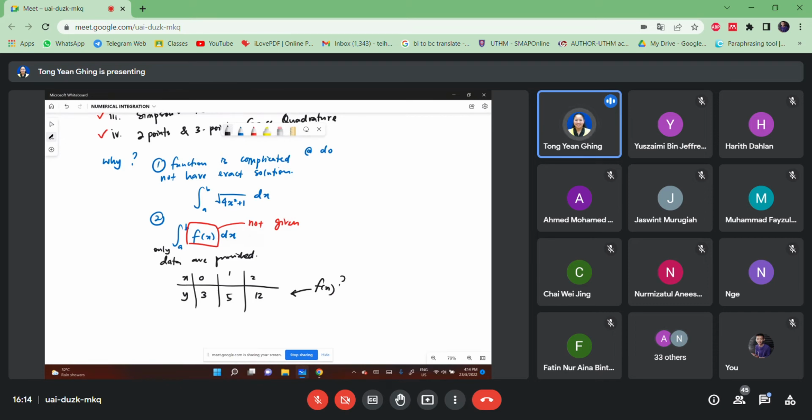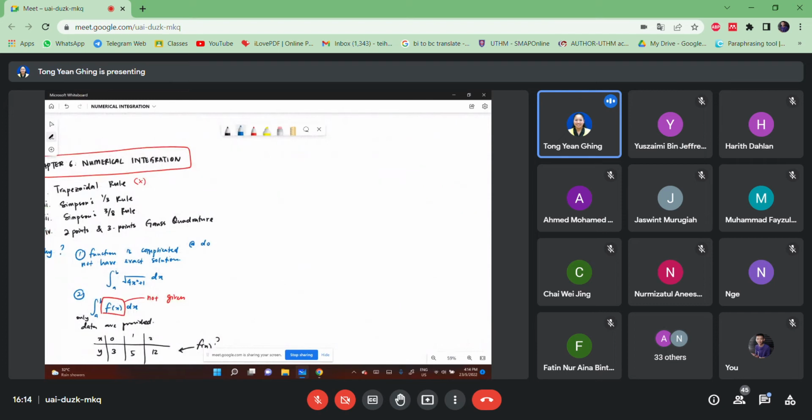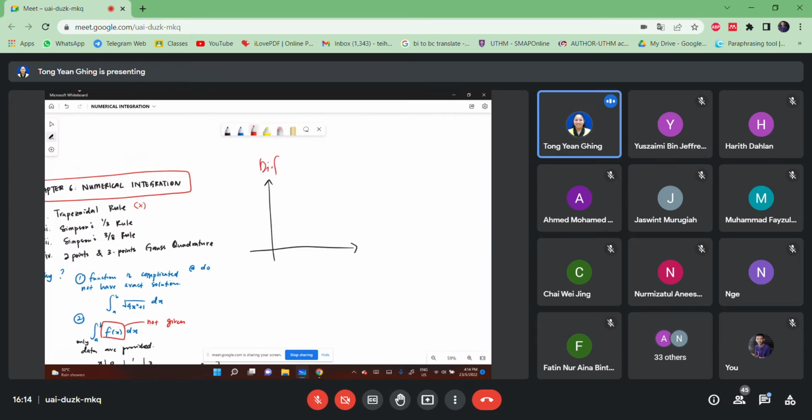Okay, let's say we have a graph, right? So if we are doing the differentiations, that means when we have a graph like this, we want to find the slope, right?